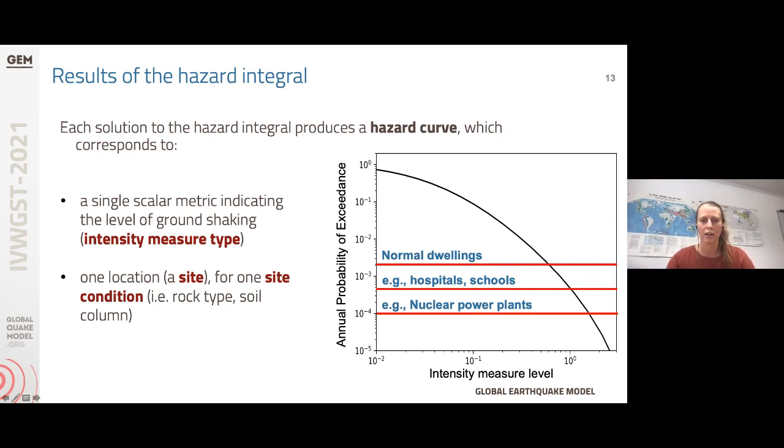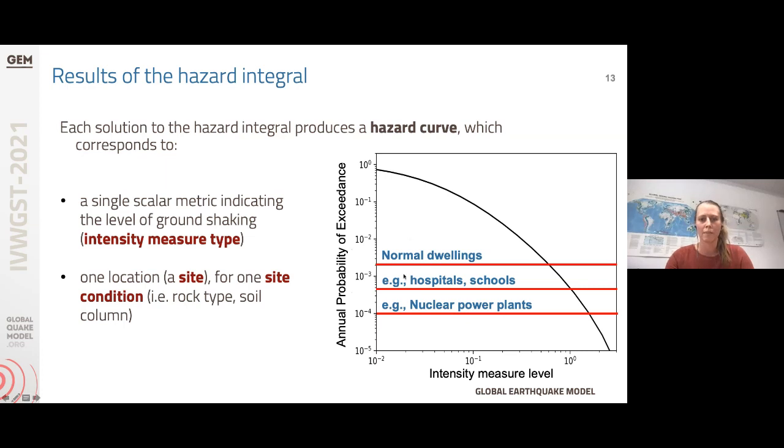Sometimes it's shown on a log scale as it is here, but it may also not use the log scale, whereas the y-axis is using one of the expressions, in this case, the annual probability of exceedance in log scale. And each hazard curve corresponds to only a single scalar metric, indicating the level of ground shaking, and to only a single site with a single site condition.